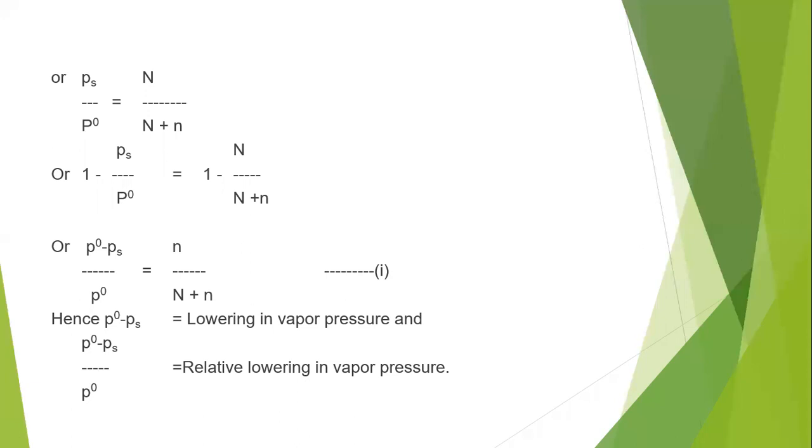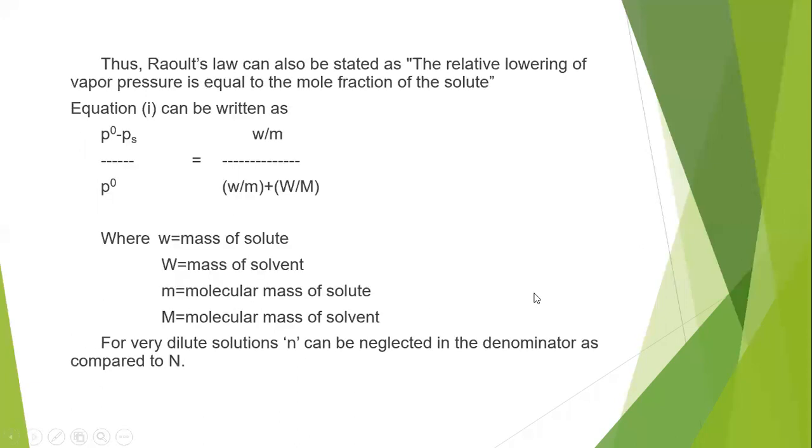And the relative lowering in vapor pressure is P0 minus PS by P0, which is equal to the mole fraction of the solute, when the solute is a non-volatile component in that solution. Thus, Raoult's law can also be stated as: the relative lowering of vapor pressure is equal to the mole fraction of the solute.